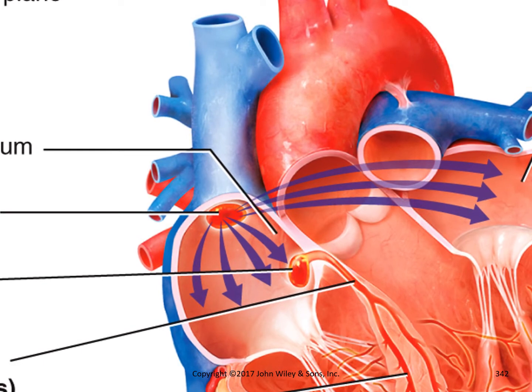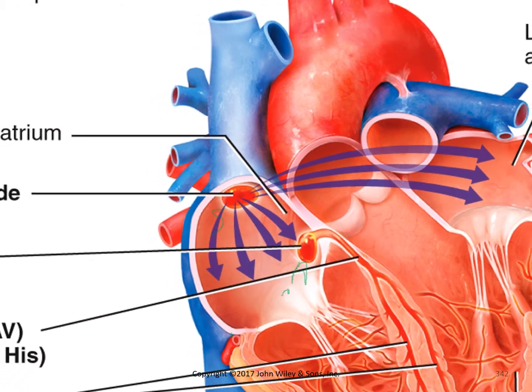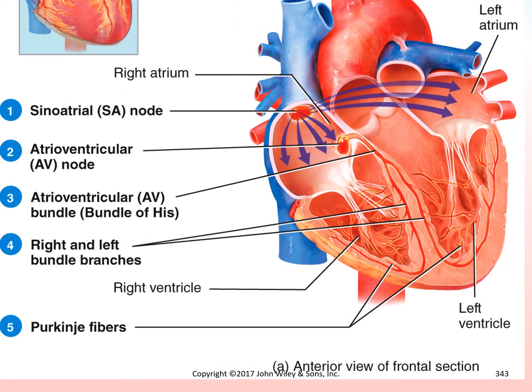In other words, the main pacemaker is right here, and then the other pacemaker that's in some ways more important is right here, the one that turns the ventricles on. And then there are occasionally other places that could become pacemaker cells. But we don't want those to fire. We want them to remain dormant. We want the heart to beat in an organized way so that it can function.